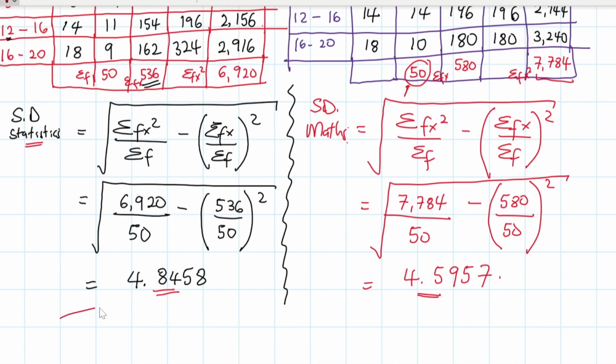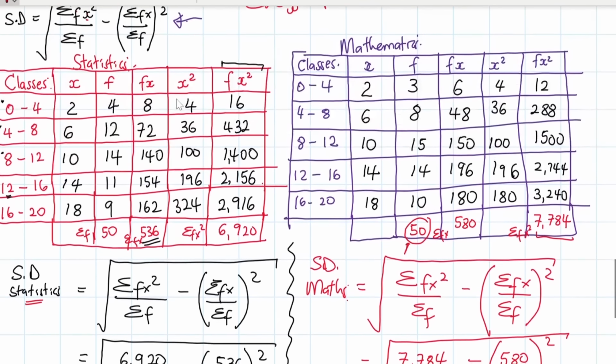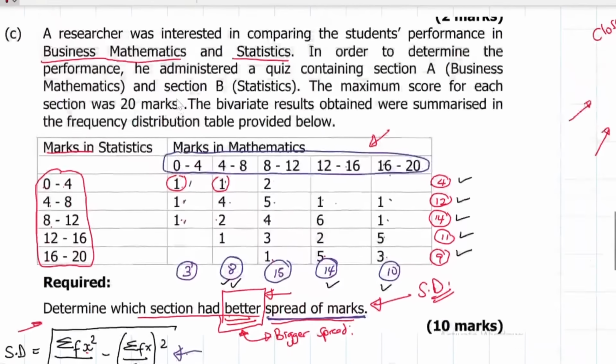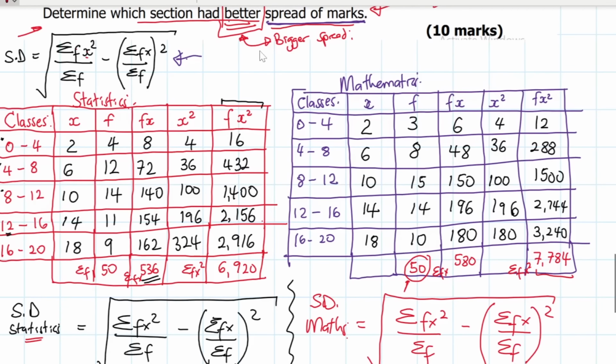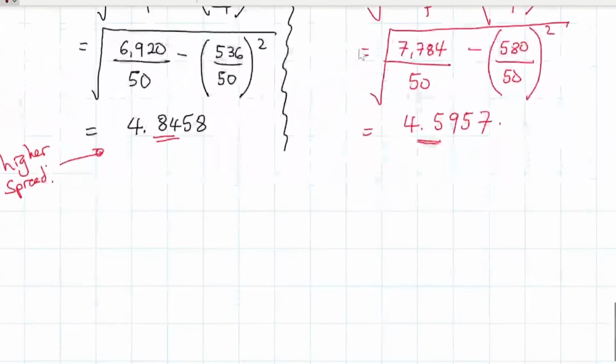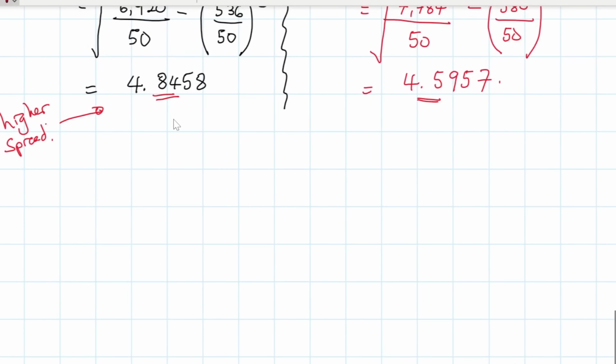So this one has a higher spread. In other words, this figure 4.8 is just giving us the measure to which this data is spread away from the mean. If you come back up, they're asking us to determine which section has better spread. Of course, the one that has better spread is statistics.